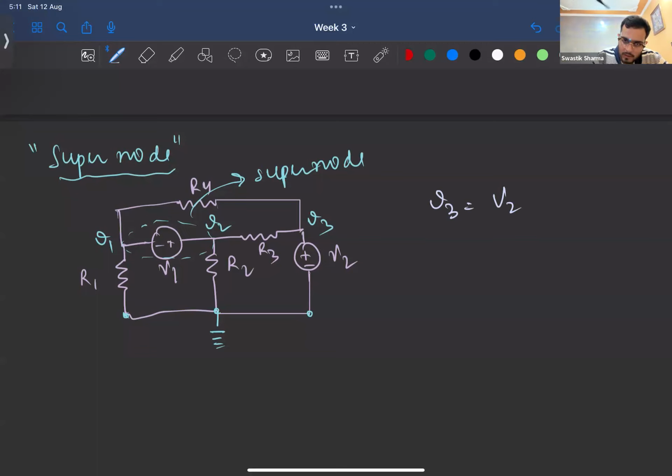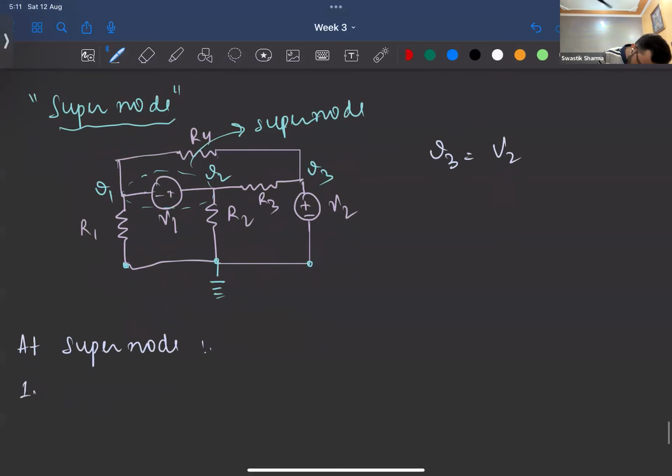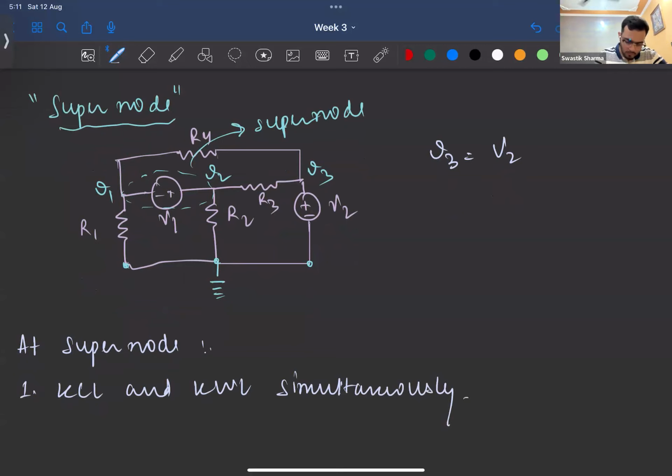And for this supernode, we need to apply KCL and KVL simultaneously to solve it, right?